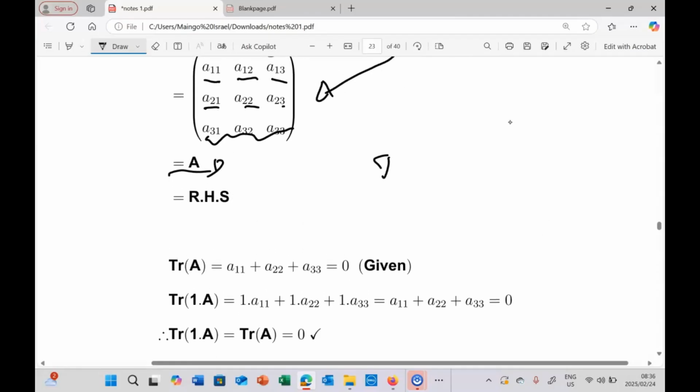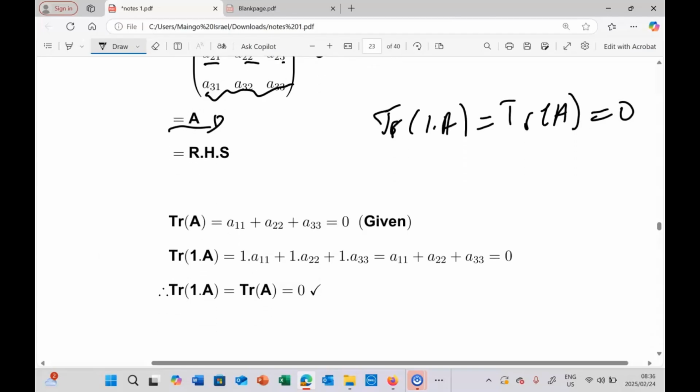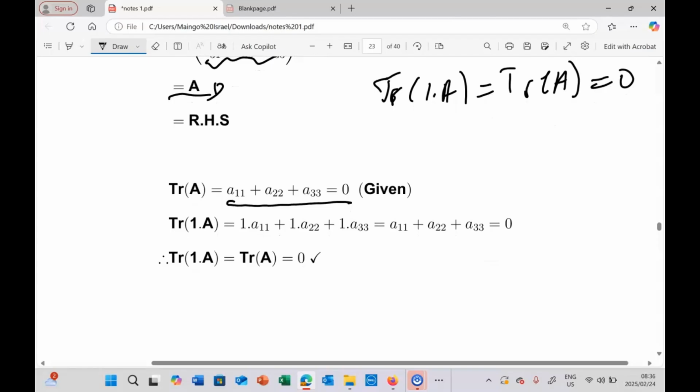We need to prove that the trace of 1 times A is equal to the trace of A is equal to 0. That's what we need to show. But what is the trace of A? It's given as the definition, it's 0. So then what is the trace of 1 times A?